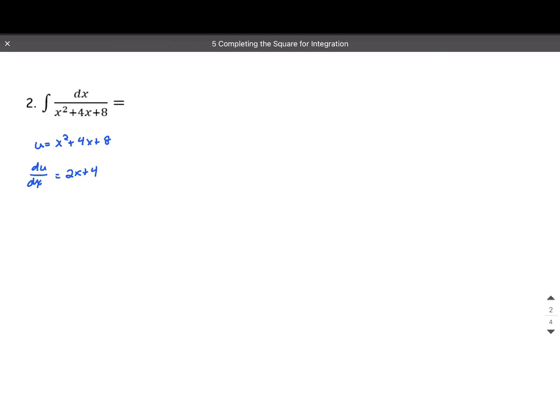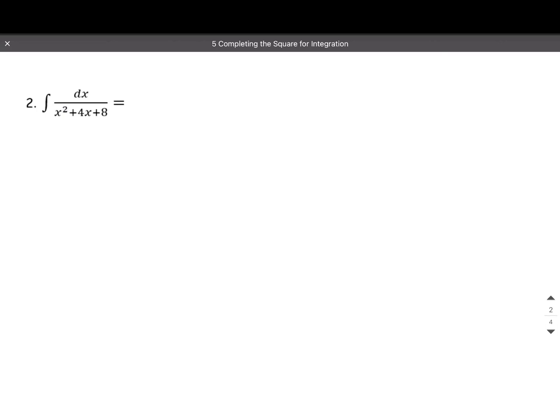We're not going to be able to cancel that out, which means we're going to have u's and x's, and that's no good. That means this method does not work. Okay, so we start again. We have to look for another way to do this. So this is where we're going to complete the square.